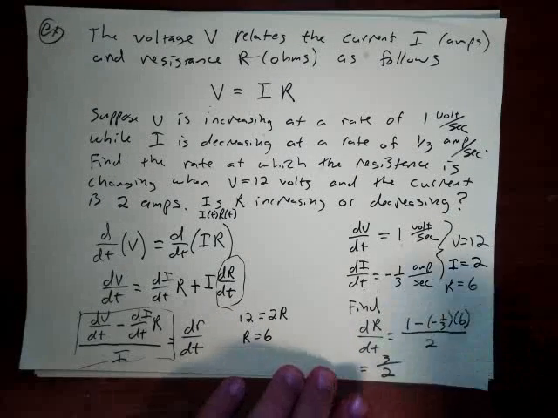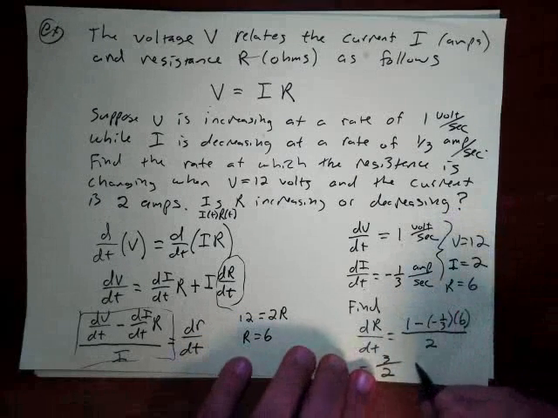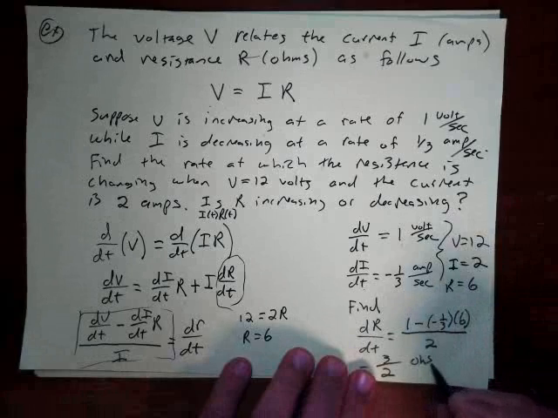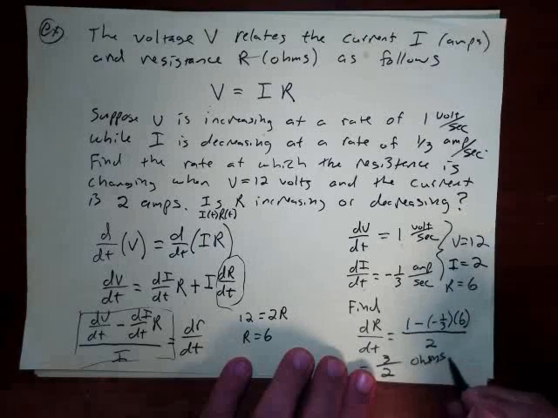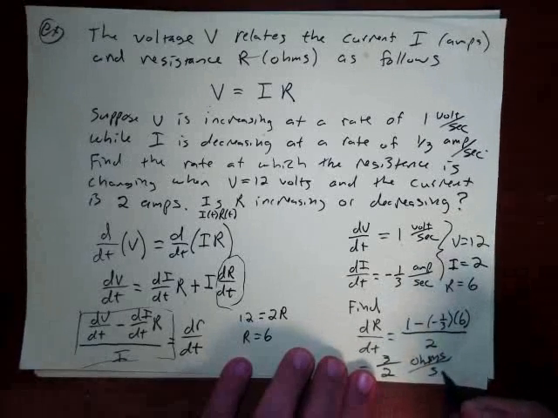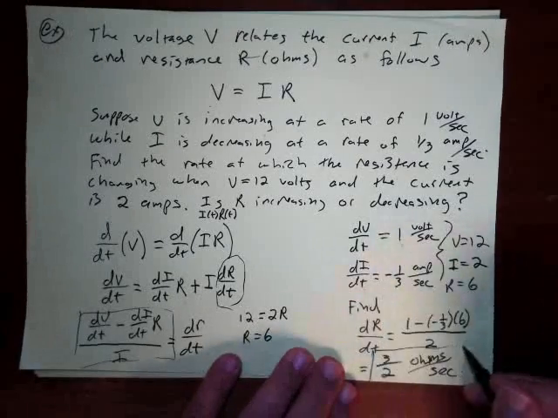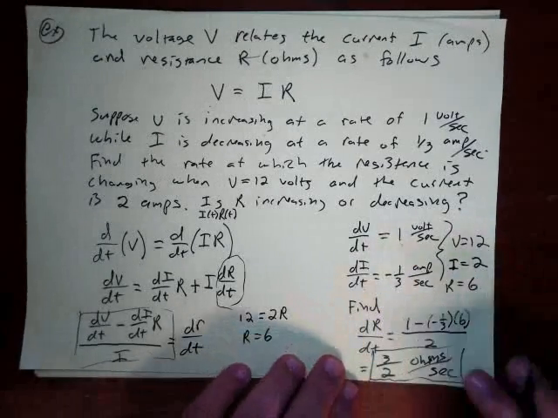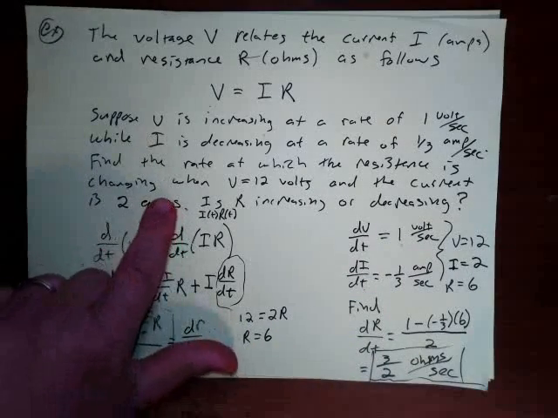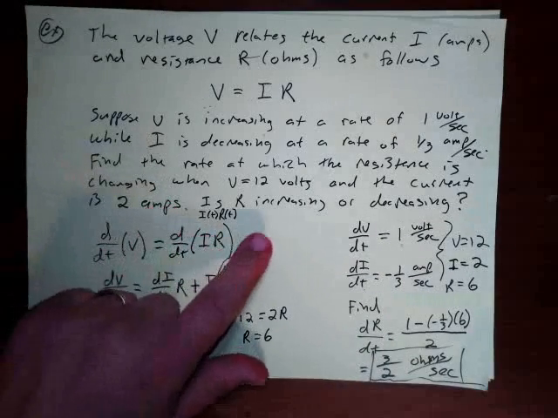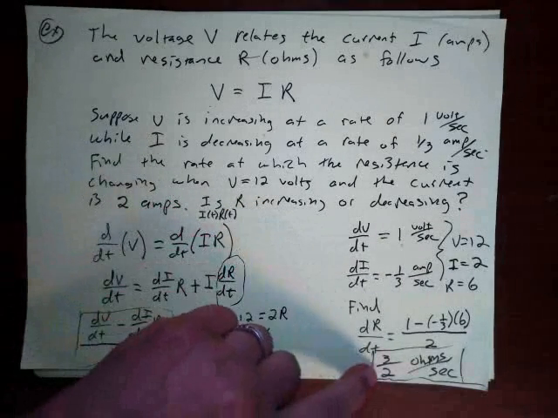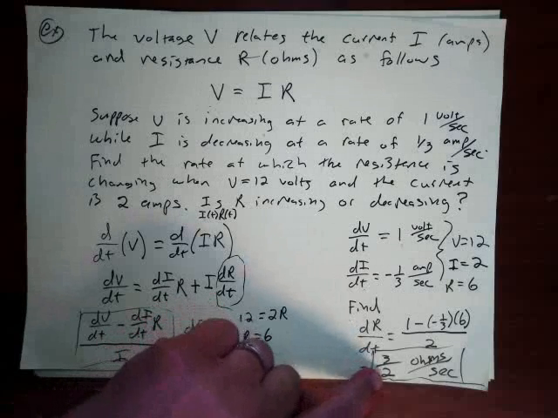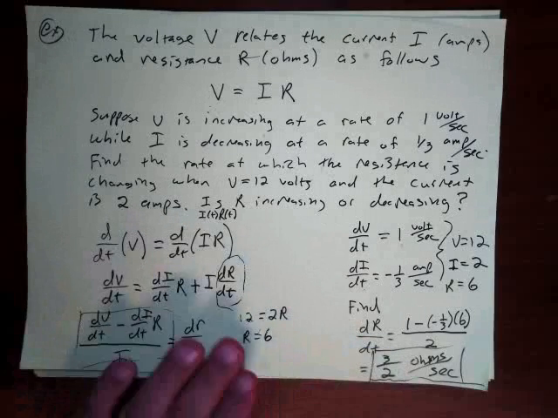So it will look like 3/2, and resistance is ohms, so it would be ohms per second. And so that's the answer. Is the resistance increasing or decreasing? It's actually increasing by 3/2 ohms per second.